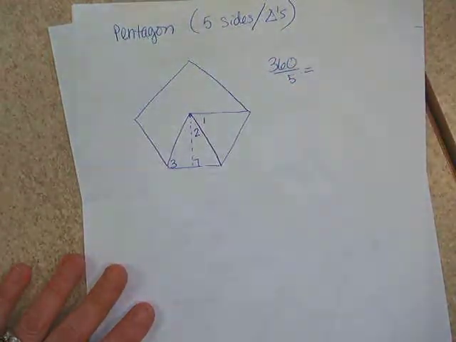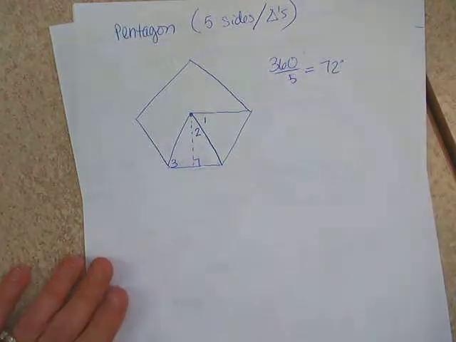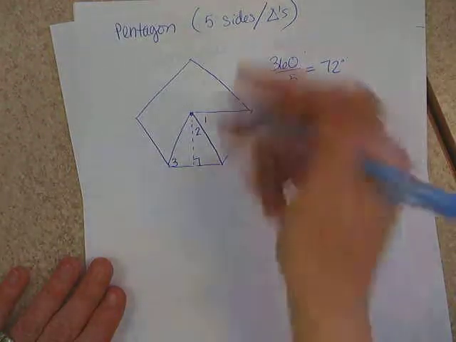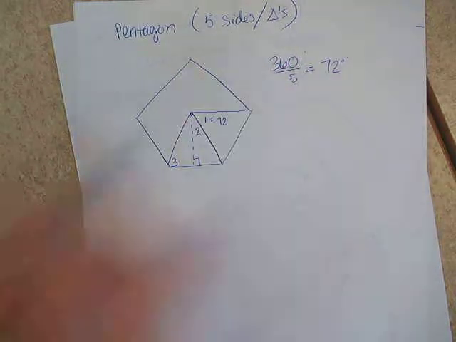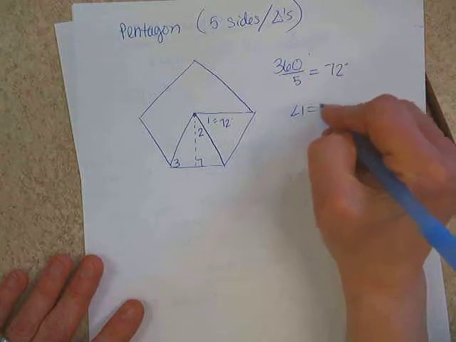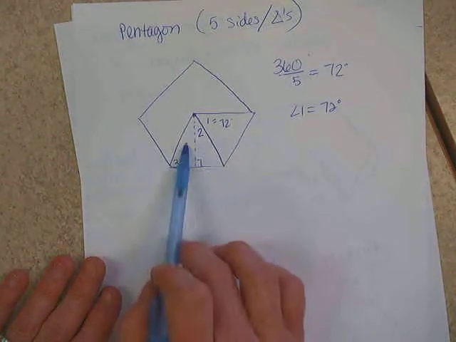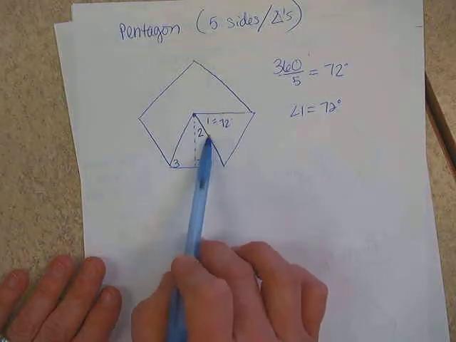So 360 divided by 5 makes each central angle 72 degrees. So that means angle 1 is 72 degrees. Now let's move on to angle 2.